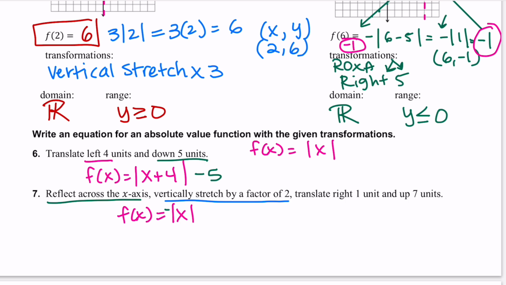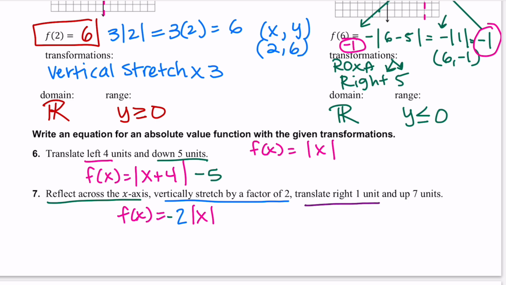And that also goes in the front of the absolute value graph. So I'm going to move this over. I'm going to put a 2 in blue here, and that's going to go as stretching by a factor of 2. The next step is we're going to translate it to the right one.